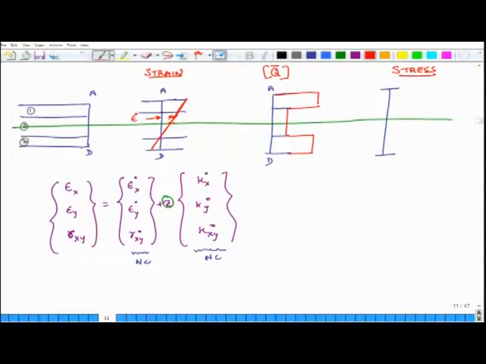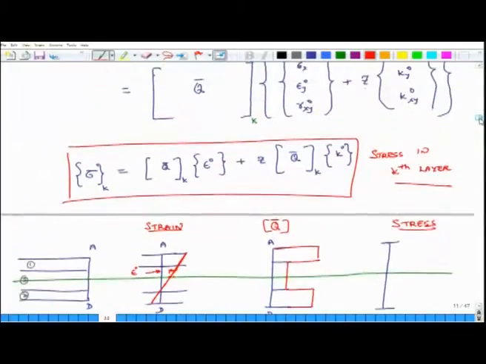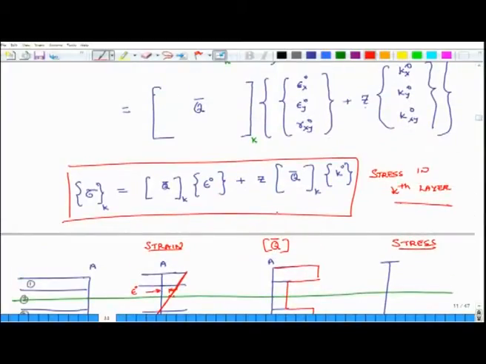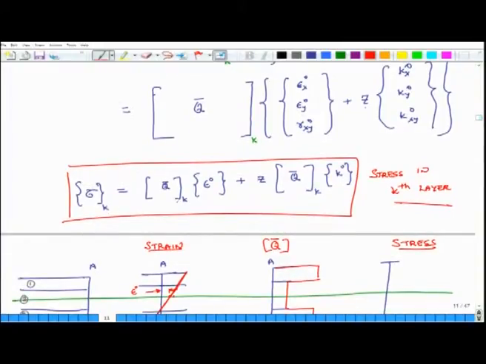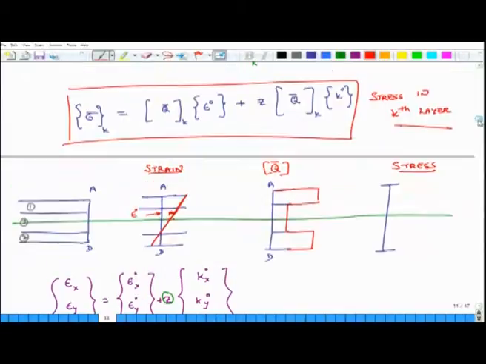Now, we know we had developed this relation between stress and strain for the kth layer, right. So, stress is equal to Q bar matrix times epsilon naught plus Z times Q bar matrix times curvature, okay. So, what does that mean? Strain is varying linearly, Q bar is jumping and it is discontinuous.